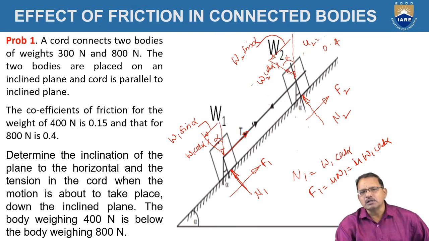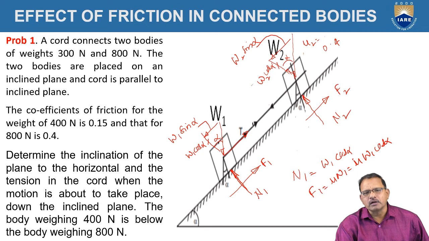The sum of the forces perpendicular to the plane is already used to determine the normal reactions at the point of contact. The second is to resolve the forces along the plane and equate to 0, since it is in equilibrium.